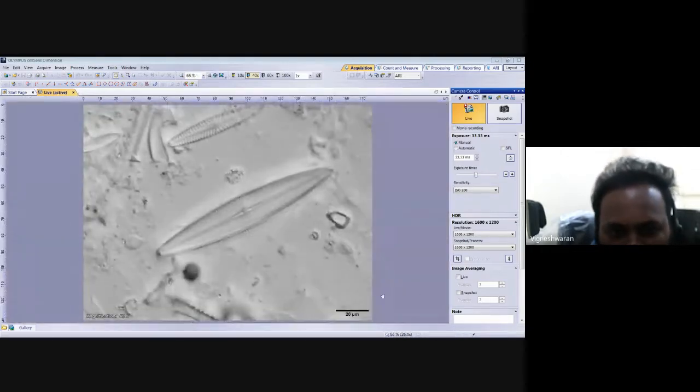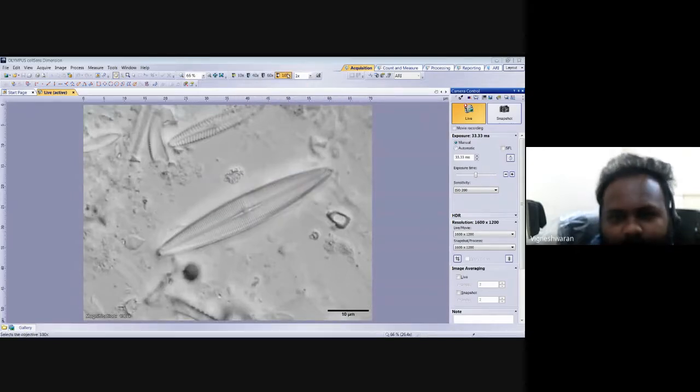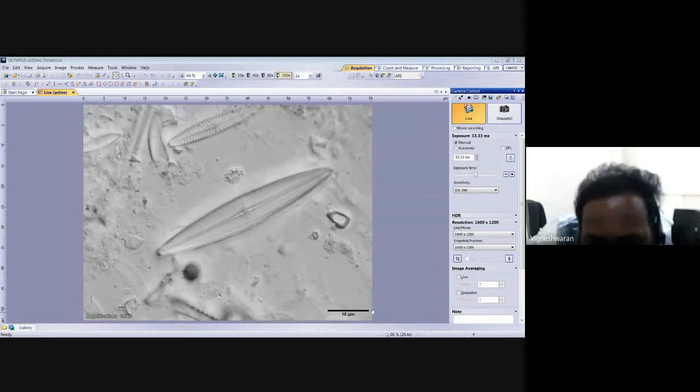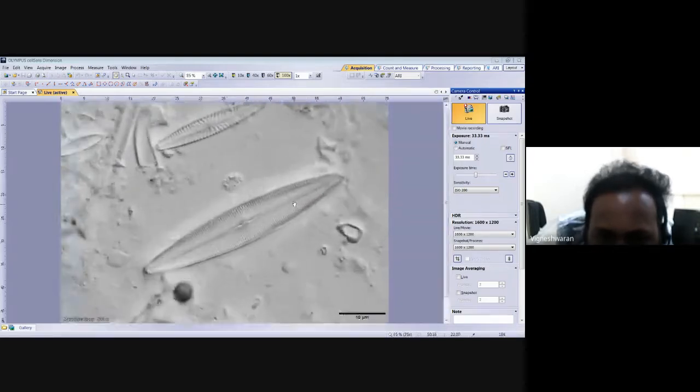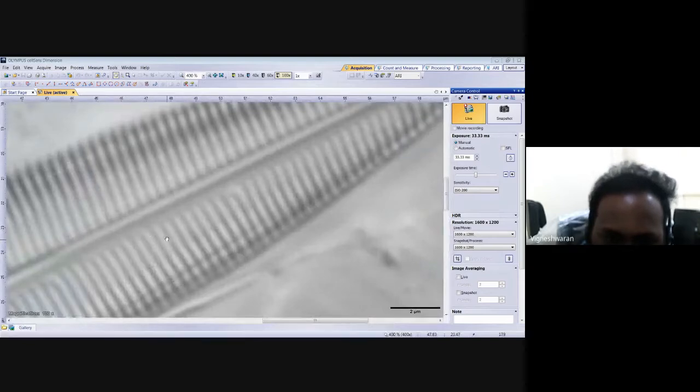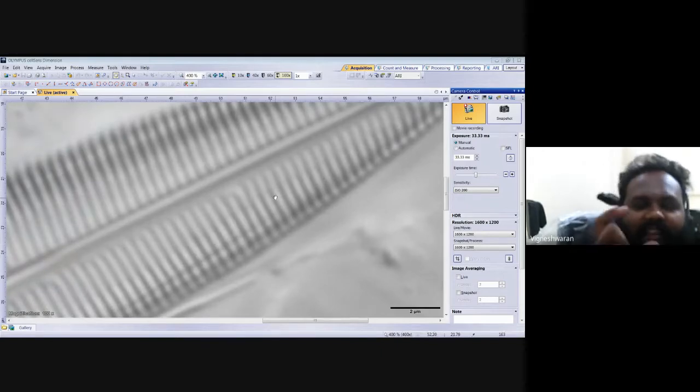Here you can see the 20 micron scale. Now I kept it at 100x, so the scale bar has changed. If you take this 10 micrometer and keep it here, and count the striae number, for example 1, 2, 3, 4, 5, 6, 7, 8, 9, in 10 micrometers, how many striae are coming?